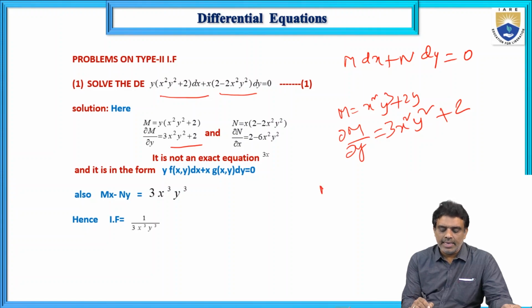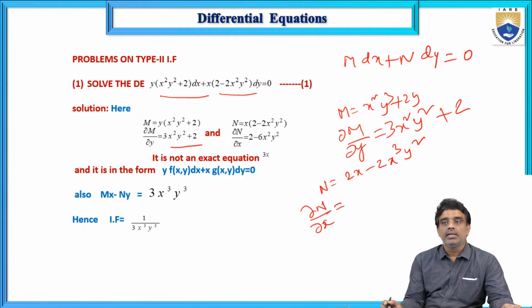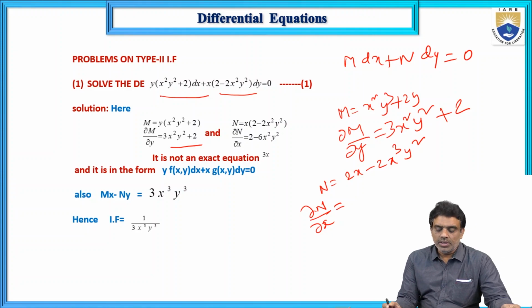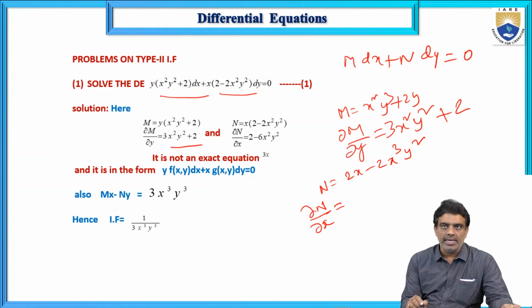Similarly, N is 2x minus 2x cubed y squared. Then dou N by dou x, the partial derivative of N with respect to x, where y is treated as a constant.